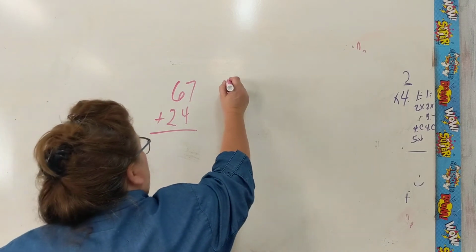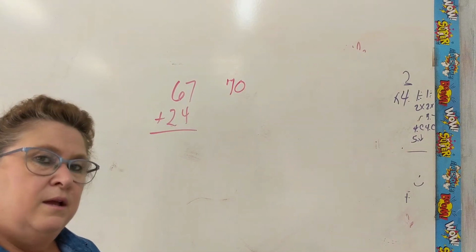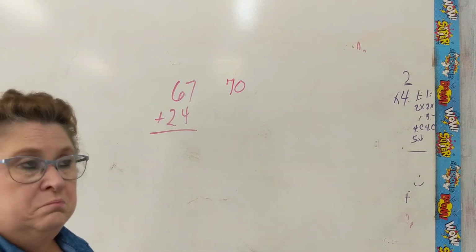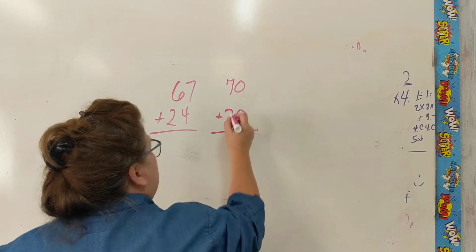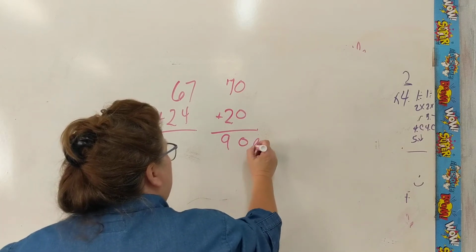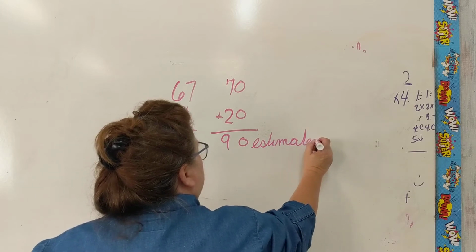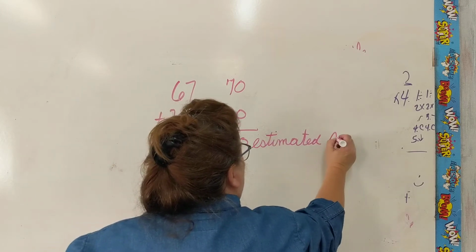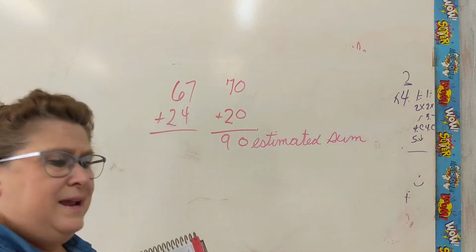It's closer to 70. Is 24 closer to 20 or closer to 30? It's closer to 20. So we're just going to add 70 and 20. 0 and 0 is 0, 7 and 2 is 9, so 90, and that is our estimated sum. It's not the real sum, it's an estimated sum. It's pretty close to the right answer.